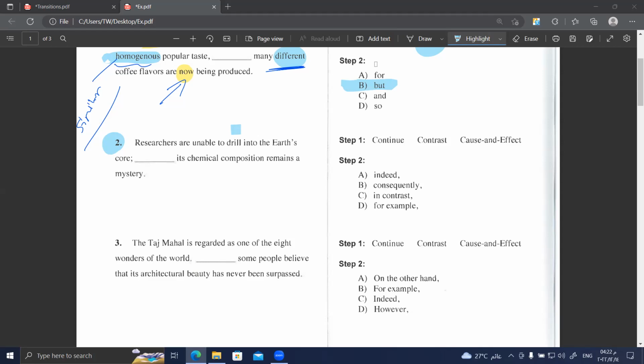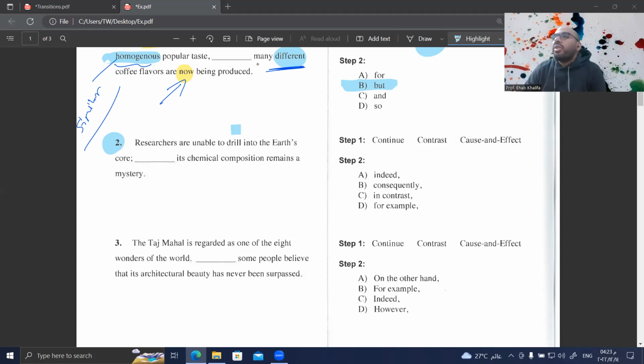Marvelous, Rahaf. Well, I will discuss it with Muhammad Abdullah, genius, Muhammad. Abdulaziz, switch on the microphone, Abdulaziz. Yes, sir. You choose cause and effect and consequently, right? Yes. And that is totally correct.